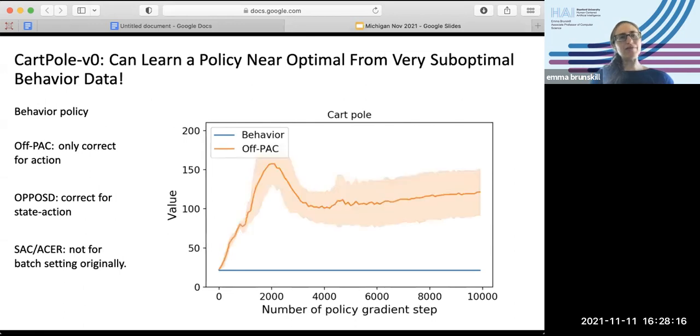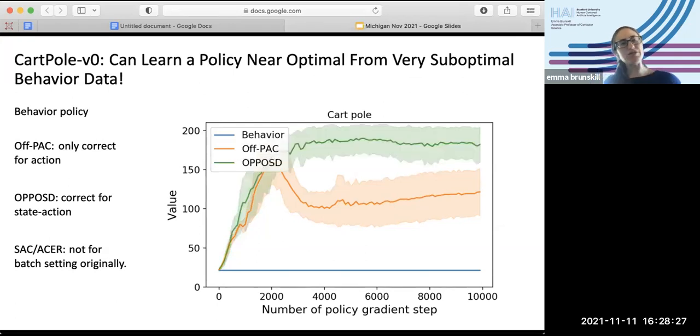You can see that even just correcting for the action mismatch, you can already find something that does much better than the behavior policy. So it's certainly possible to learn something much better. But with our approach, you can do much better than that still. That indicates that accounting for the state distribution mismatch as well as the action mismatch is important.